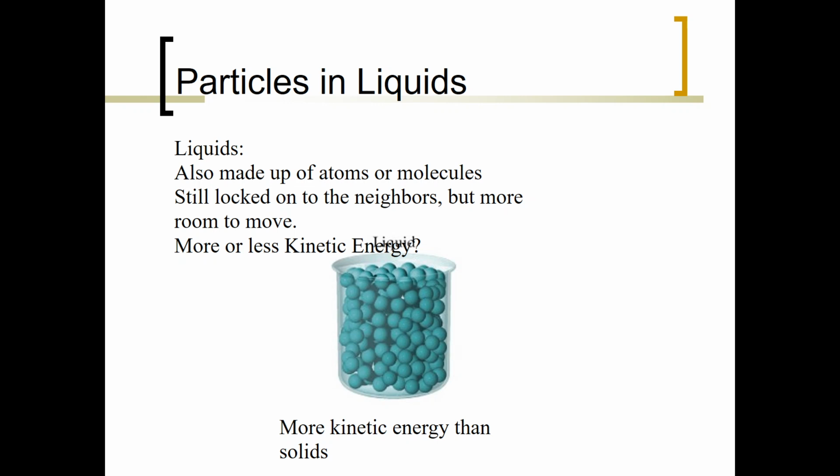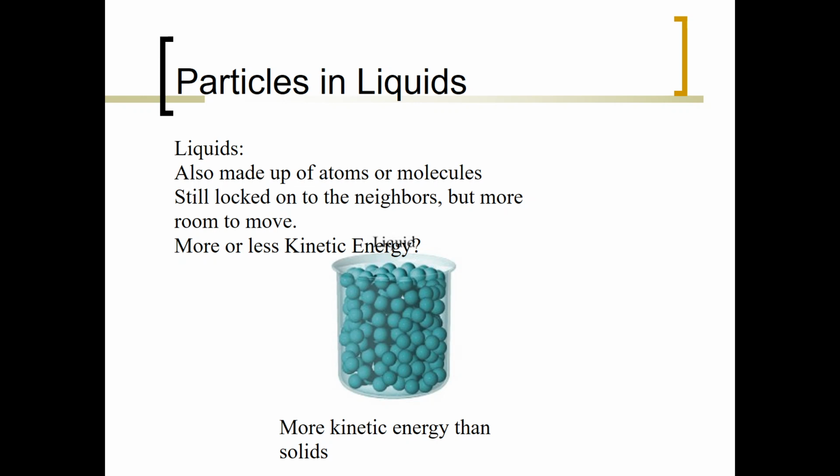Liquids are also made up of atoms or molecules that are still locked onto the neighbors, but more room to move. They have more kinetic energy than solids. So they're able to move and slide past each other, but they can't really move that fast, because they're constantly hitting each other or constantly being caught or pulled by other atoms.